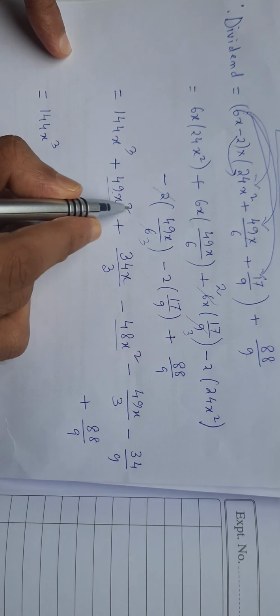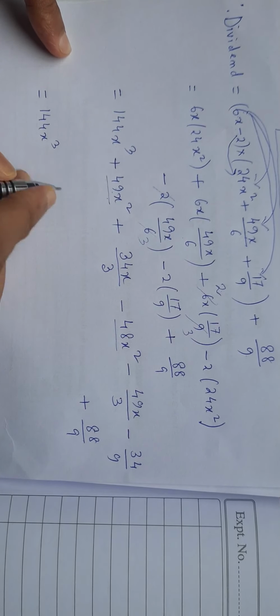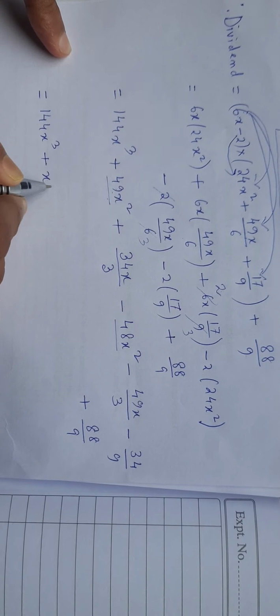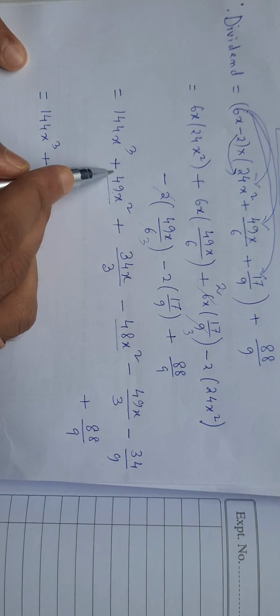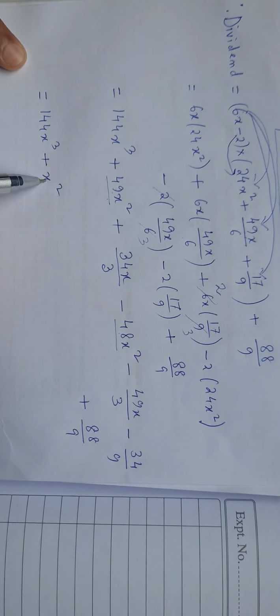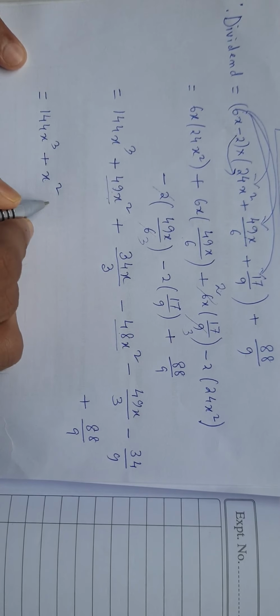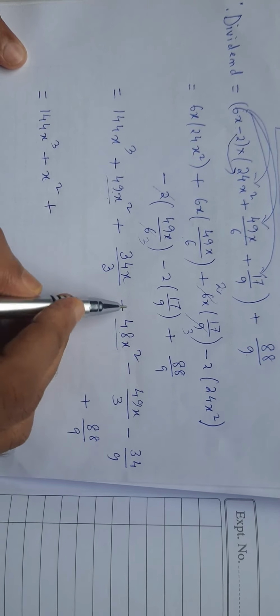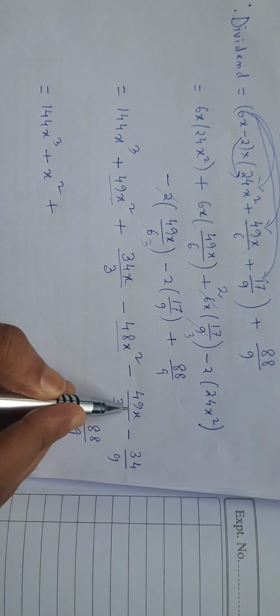So 49 minus 48, which is 1, so plus x square. Here it is plus because the plus sign is with the greater number. 49 is greater than 48, so it is plus 1x square. So 1x square can be written as x square plus 34x, and here is 49 by 3x.